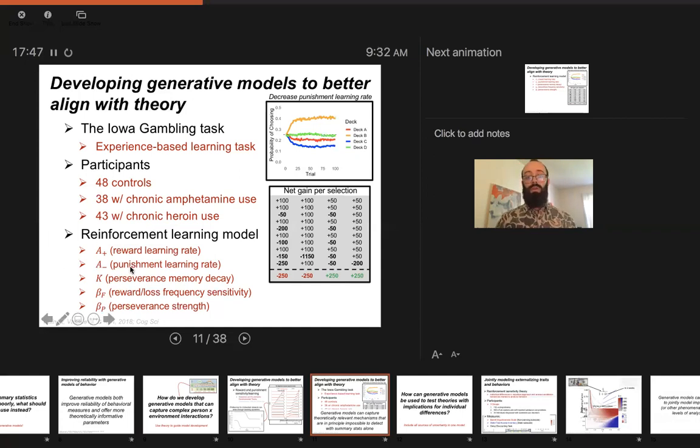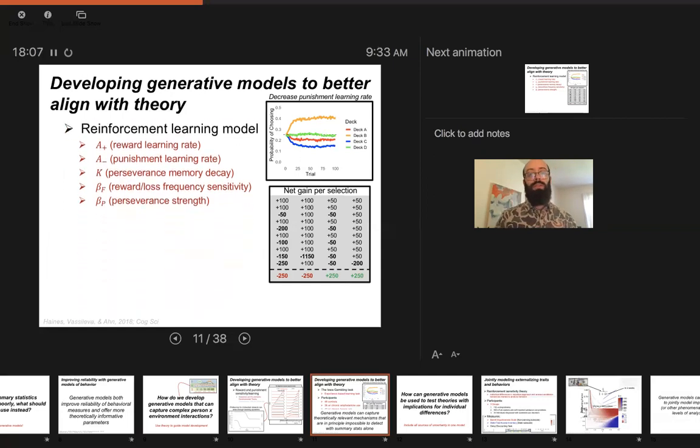Specifically, a lower punishment learning rate can bias things even further to make me prefer not only immediate over delayed rewards, but also immediate rewards that potentially have long-term consequences. So you can see that we're beginning to capture more of the impulsivity as we refine this model further.